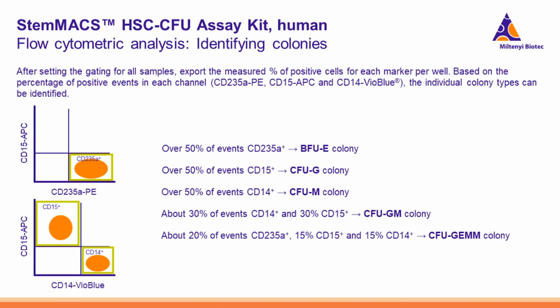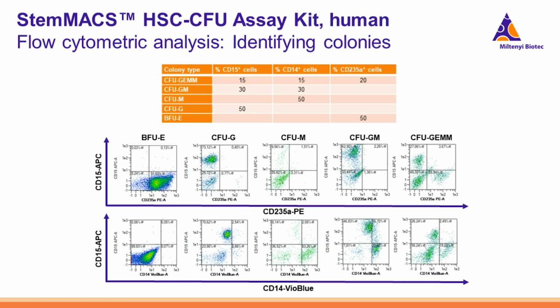A CFUGEM is identified if a well exhibits at least 20% of positive events for CD235A, 15% for CD15, and 15% for CD14. Here, I show you some exemplary plots for the different colony types.